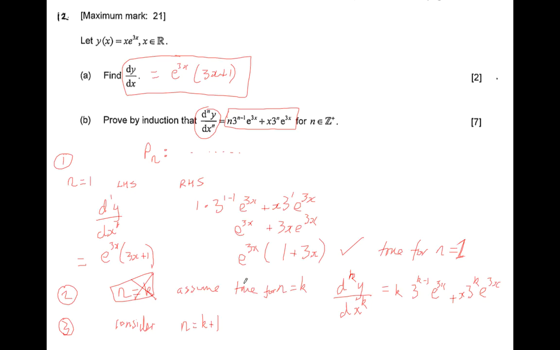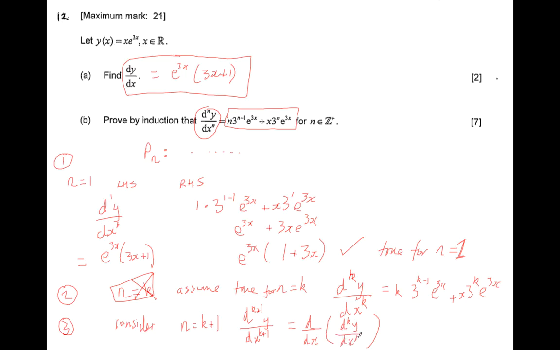The next part now is quite a crucial part. We want the k plus 1th derivative. Okay, so we need to consider the left-hand side, which is the k plus 1th derivative of y with respect to x to the k plus 1. And we get that by simply differentiating with respect to x the previous derivative, which is the kth derivative, which is what we have under here.